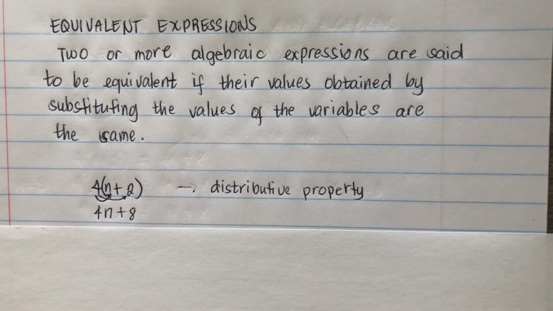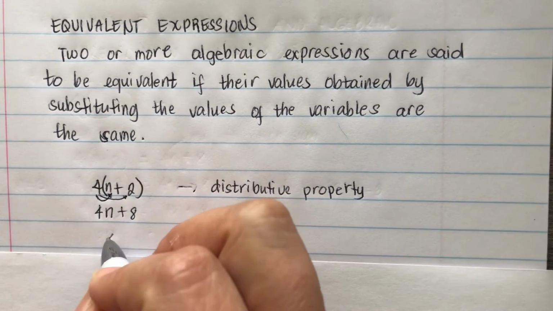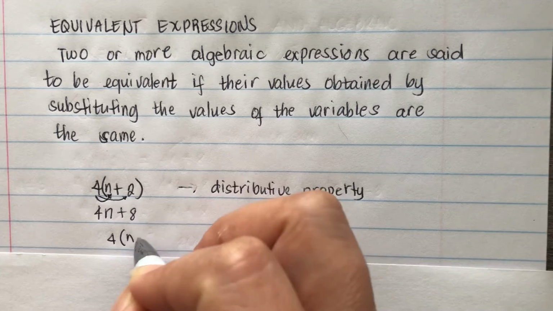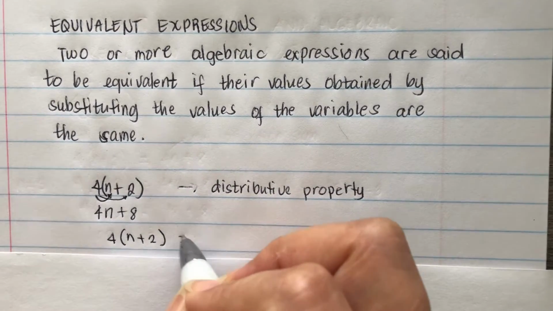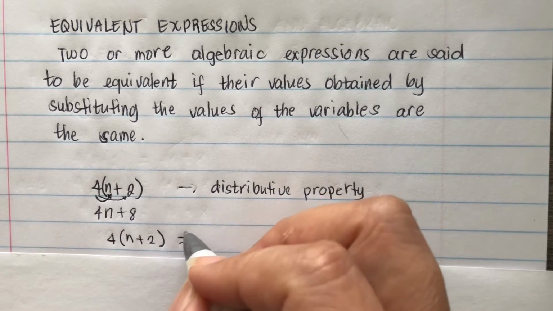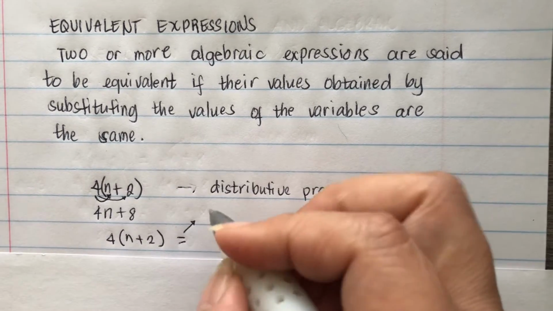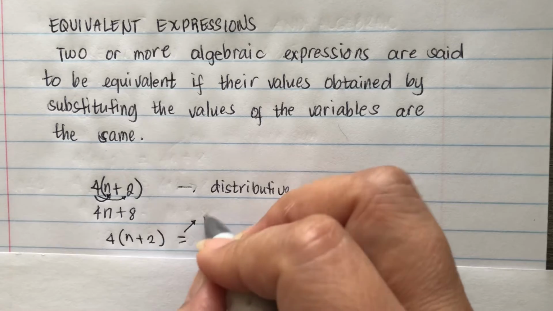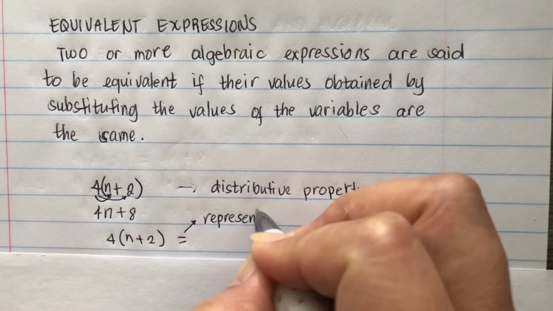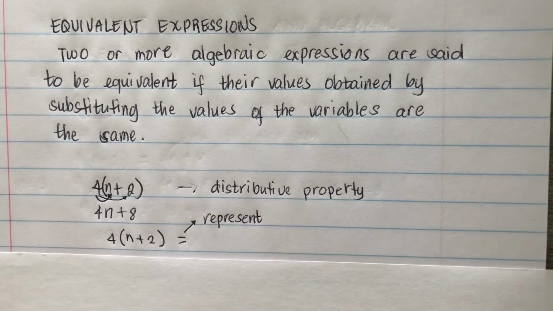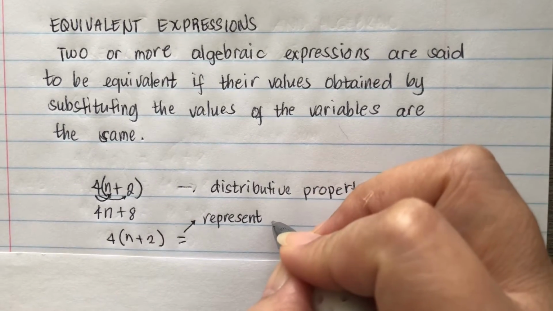So what it really means is 4 times quantity n plus 2 is equal, and we use the equal sign to represent equivalent expressions. This represents that the two algebraic expressions are equivalent.